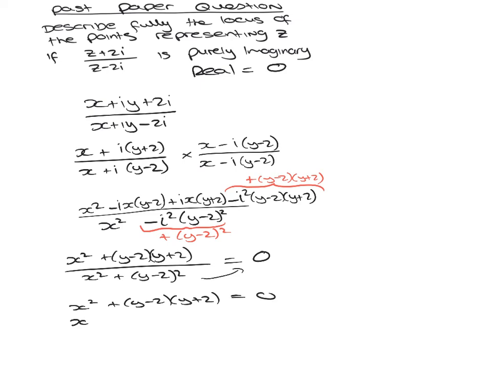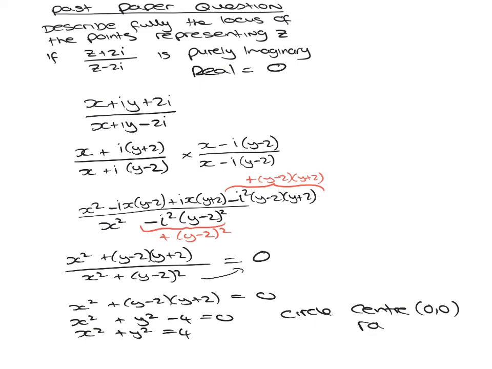Let's expand out. x squared plus y squared minus 4 equals 0, which is x squared plus y squared equals 4. Now that is the equation of a circle. Center 0, 0, radius 2.